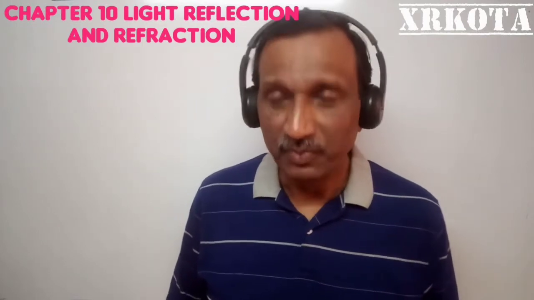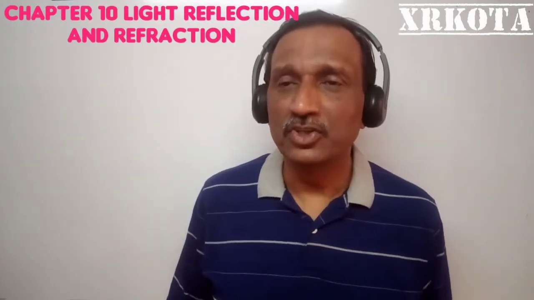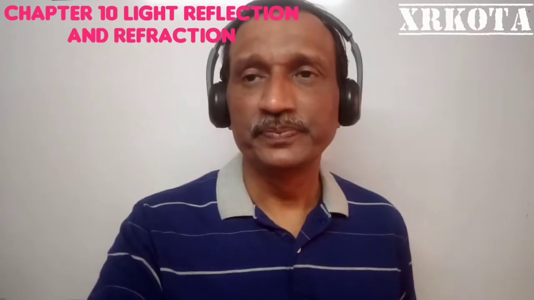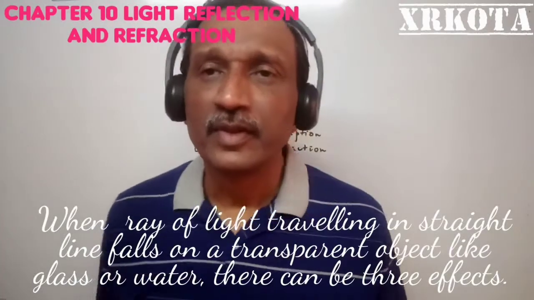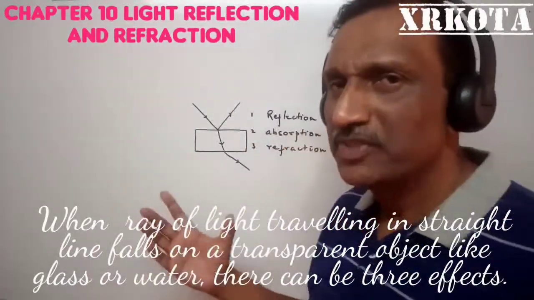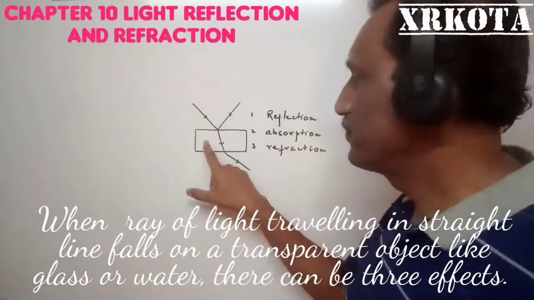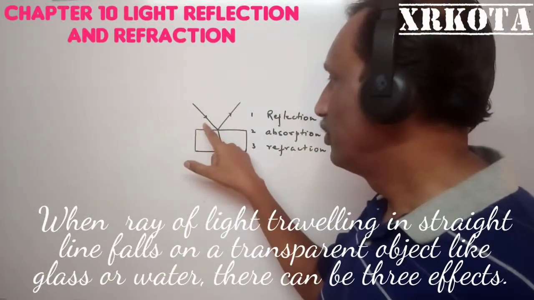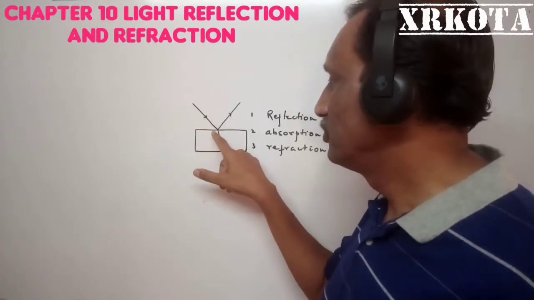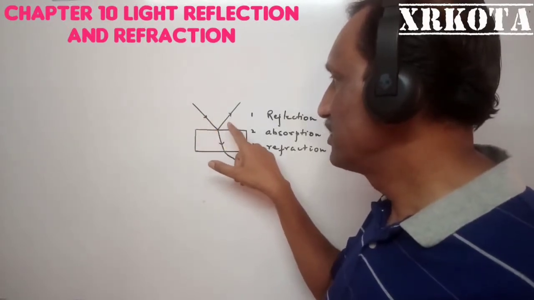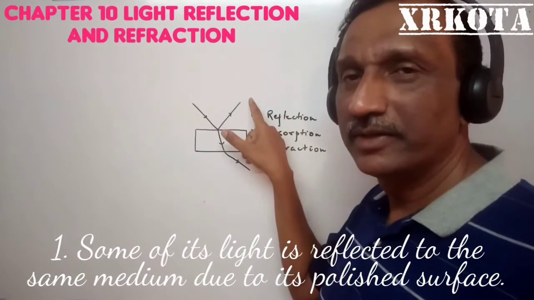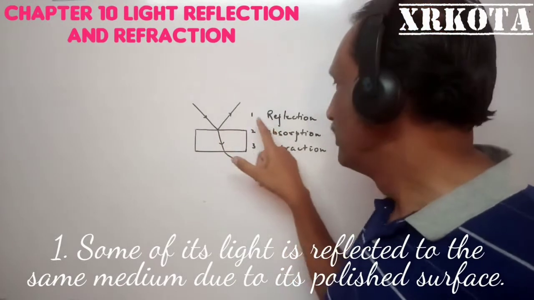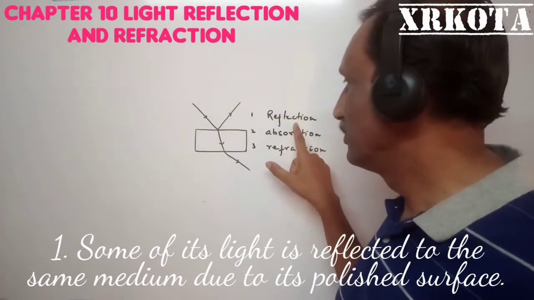First we will study what happens when light falls on any object. We shall study what happens when light falls on a transparent object. When a ray of light or a beam of light falls on a transparent object, some of the light will be reflected back in the same medium. This is called reflection.